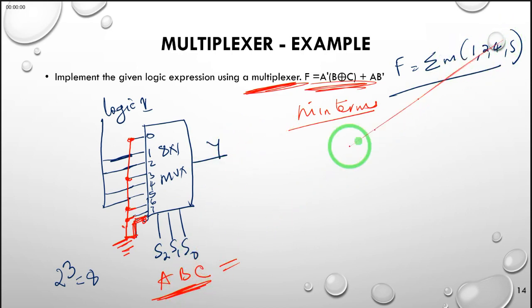When the combination gives you a 2, again it will be a 1. When it gives you a 4, again our output will be a 1. And finally, when the combination gives you a 5, 1, 0, 1, our output still will be 1. That is how you would implement this function using a multiplexer.